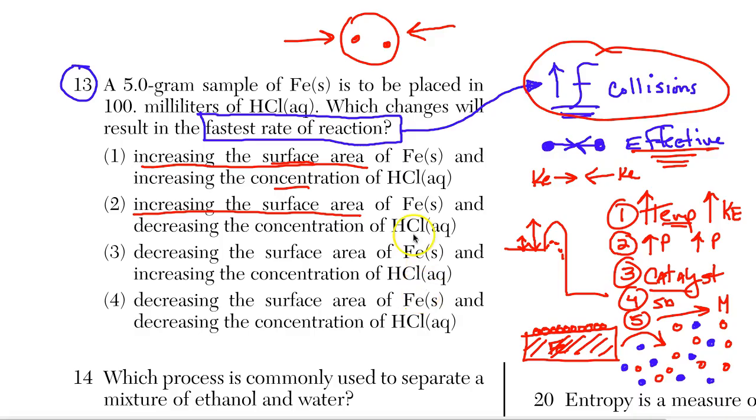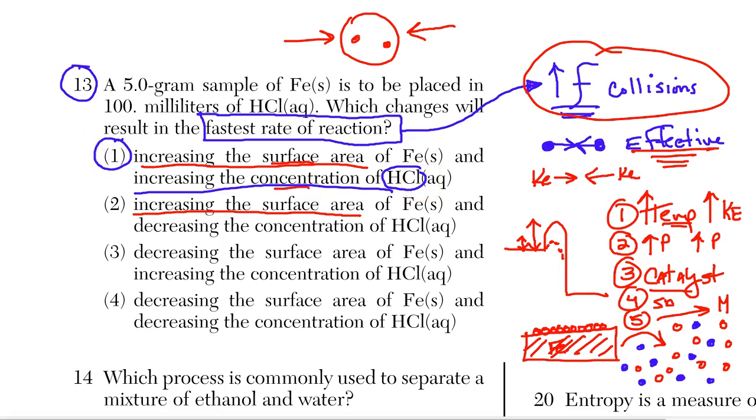So increasing the concentration will make sure that there are more of these molecules. Therefore, there are more collisions, and by statistics, more effective collisions. So having more of your reactants will increase the reaction rate because there'll be more of them to collide. So increasing the surface area, exposing more atoms for collisions, and increasing the concentration is the best answer here.